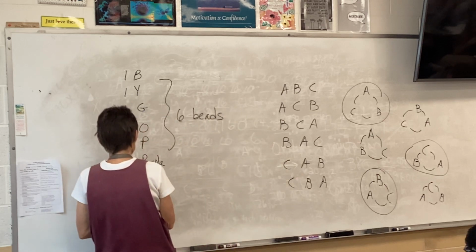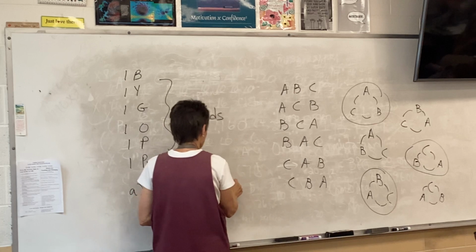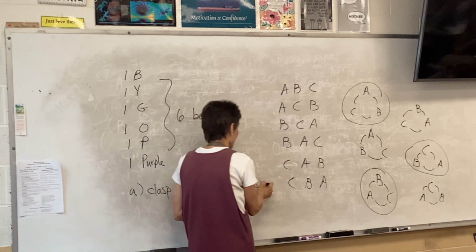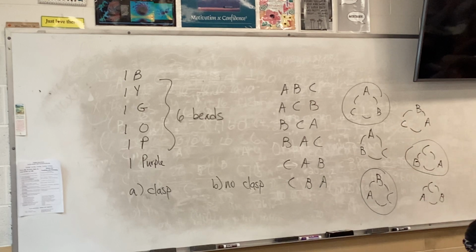And one question says clasp and the other question says no clasp. So which one do you think you have an idea for? Anybody have an idea? Ed? No clasp, just be 6 permutation divided by 2. You mean 6 factorial? Yeah. Okay, actually, no clasp would be 5 factorial divided by 2.